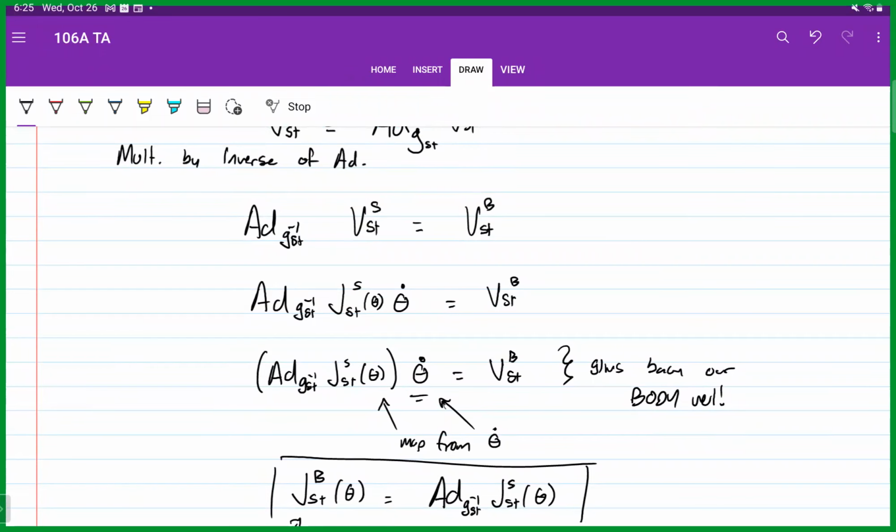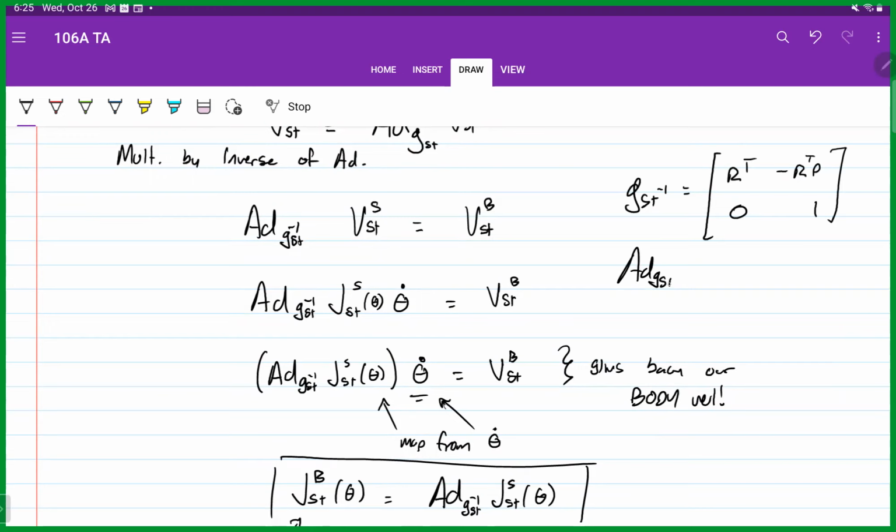How do you write the inverse? Oh, yeah, so GST inverse will be R transpose, then negative R transpose P, and 0, 1.